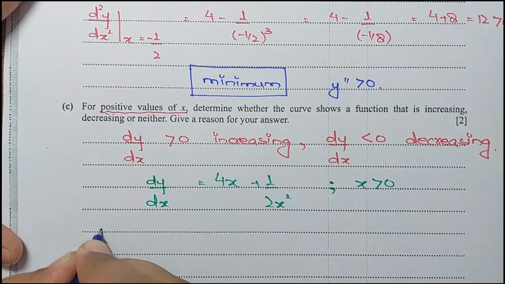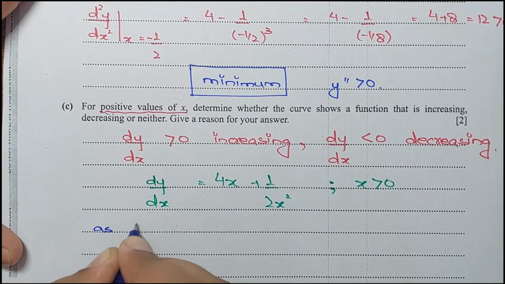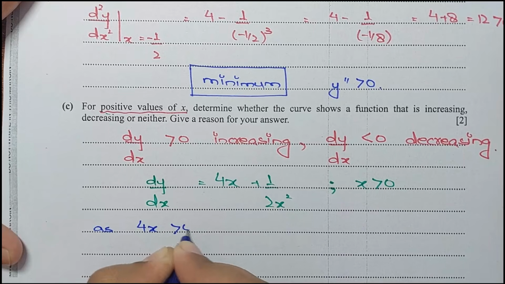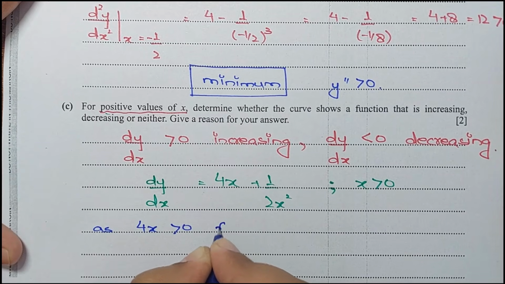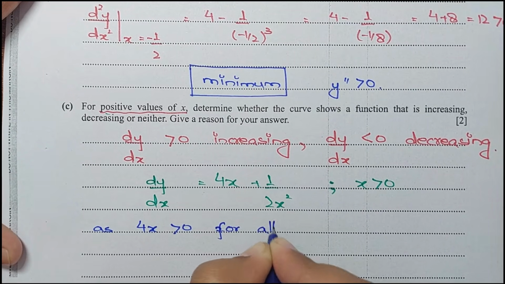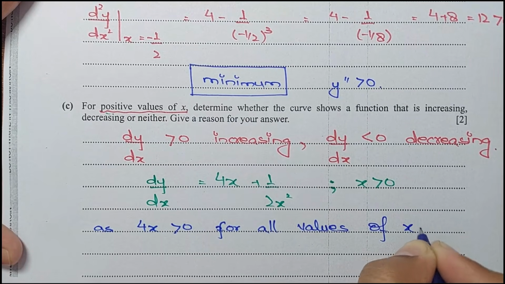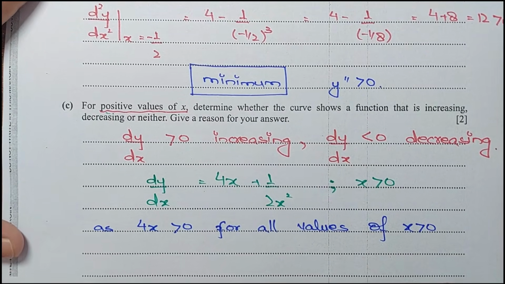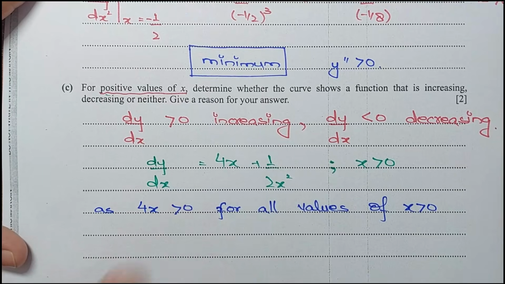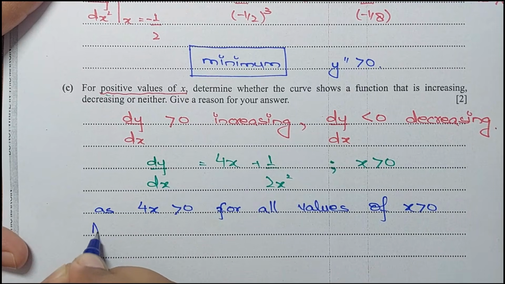So we can say 4x is greater than 0 for all values of x greater than 0. When you pick any value of x greater than 0, this thing is positive.